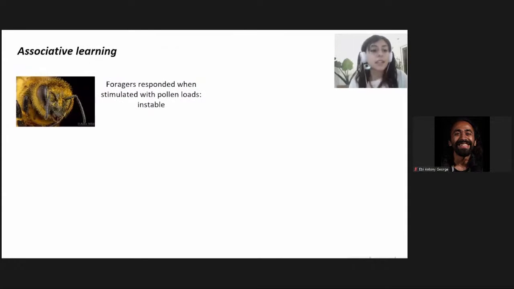Although most studies have focused on sucrose responsiveness, a few experiments have also measured gustatory sensitivity to pollen, showing that foragers responded with the proboscis extension when they were stimulated using pollen loads. Nevertheless, this response was unstable and bees stopped responding after several events.